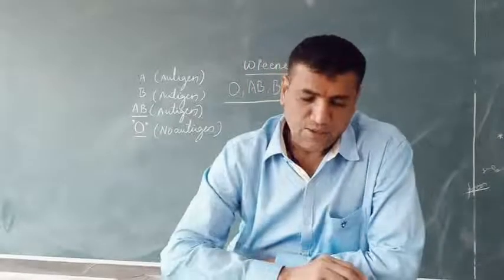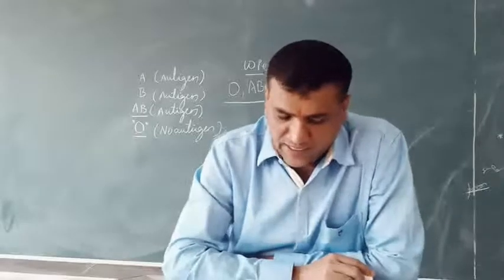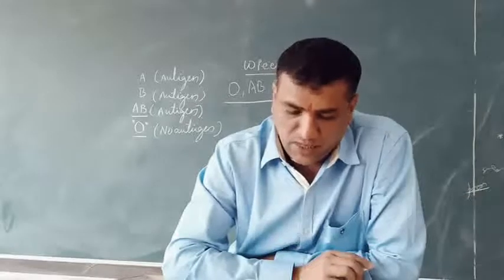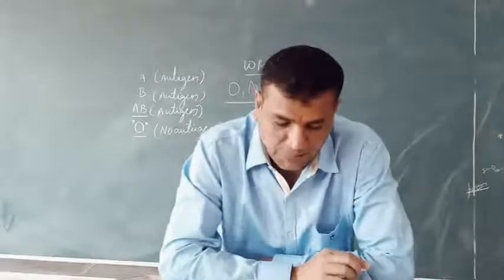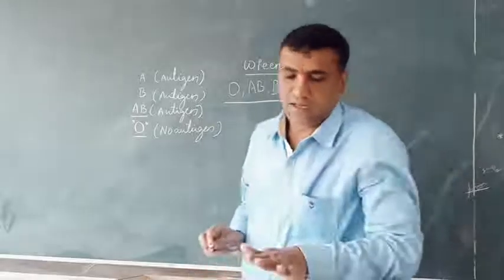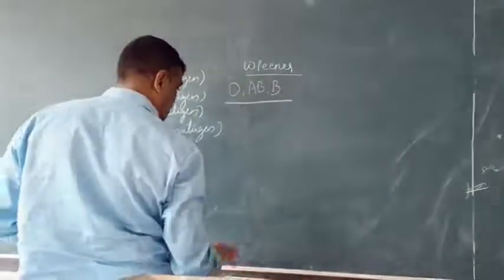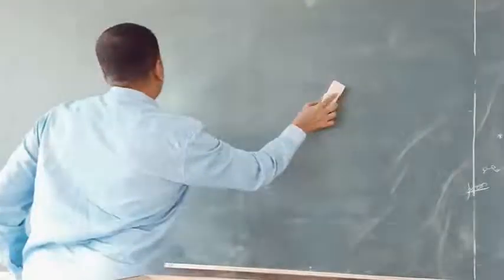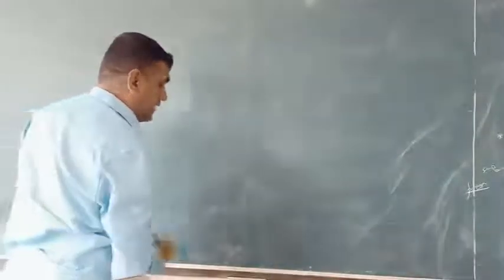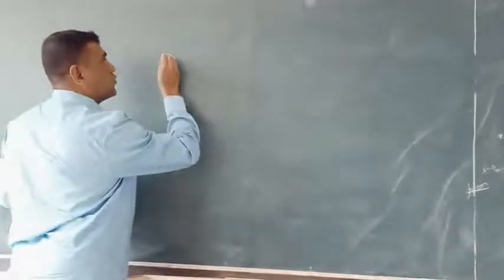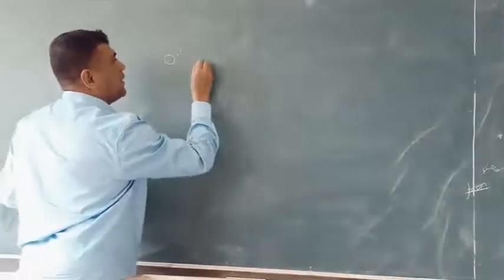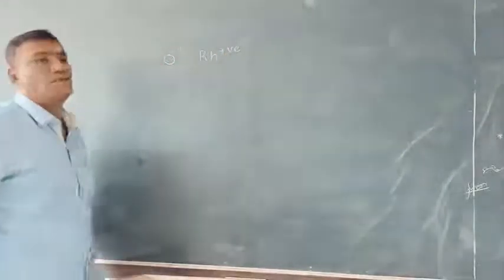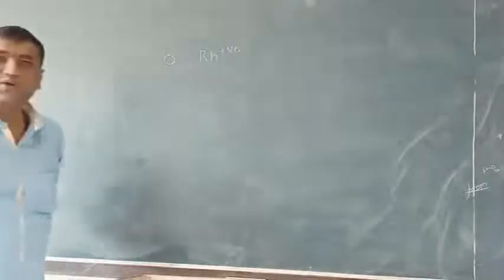Next, which blood groups can safely be transferred in an emergency when there is no time to analyze the blood group of a recipient? Here, coming to this particular question, we have already discussed it, but still try to remember that if the answer is O blood group and Rh negative antigen, then they will be transfused without hesitation.